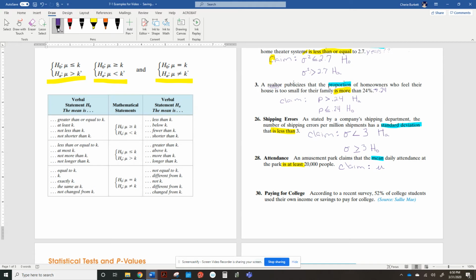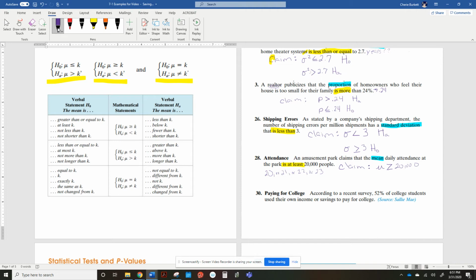What about 21,000? Is that at least 20,000? Yes. So when we say at least, we're saying 20,000 or 21 or 22 or 23. We're talking about anything bigger than 20. 20 is the starting point, and then anything bigger is okay, and it's okay for it to be 20,000.